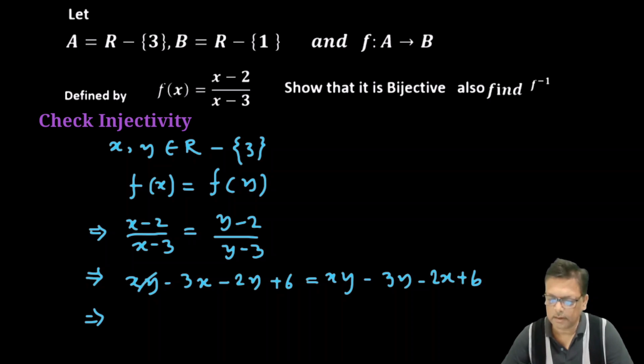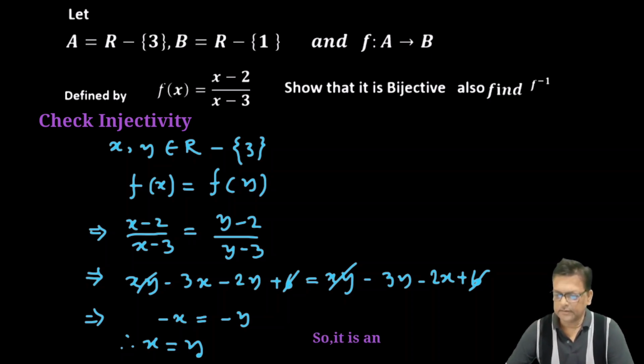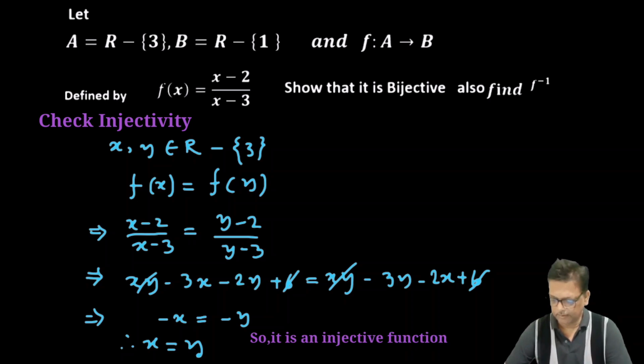Now xy cancels out, 6 and 6 also cancel out, and we have minus x equal to minus y. Therefore, x equal to y. So this function is a 1-1 or injective function.